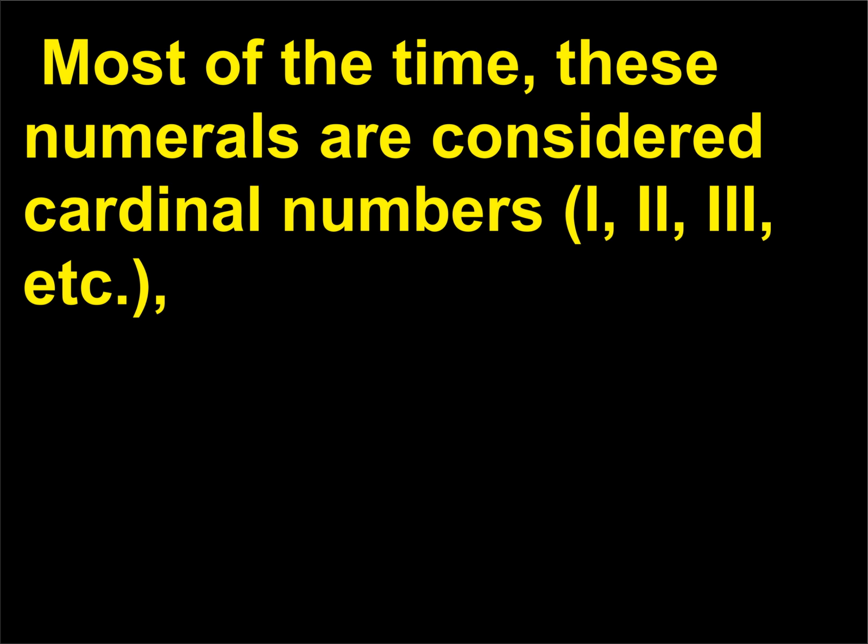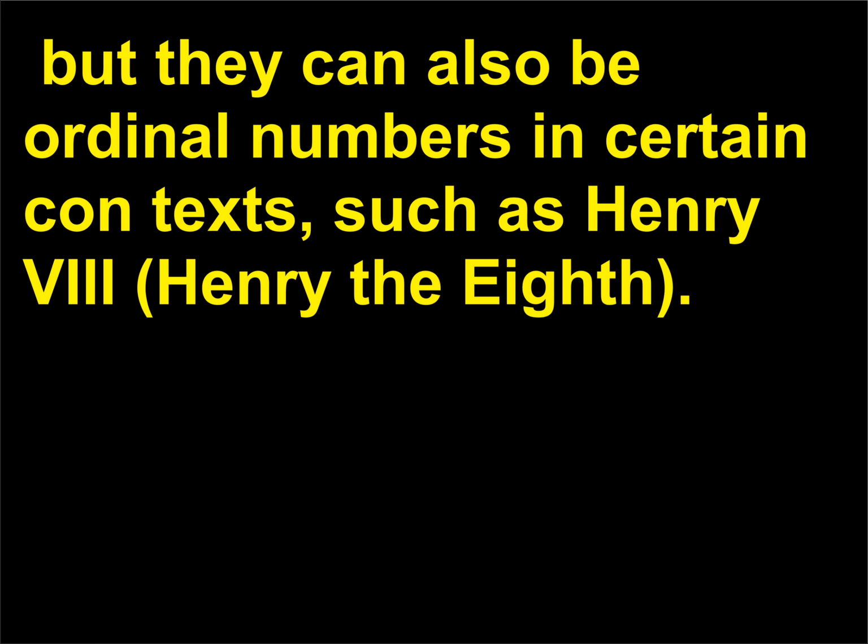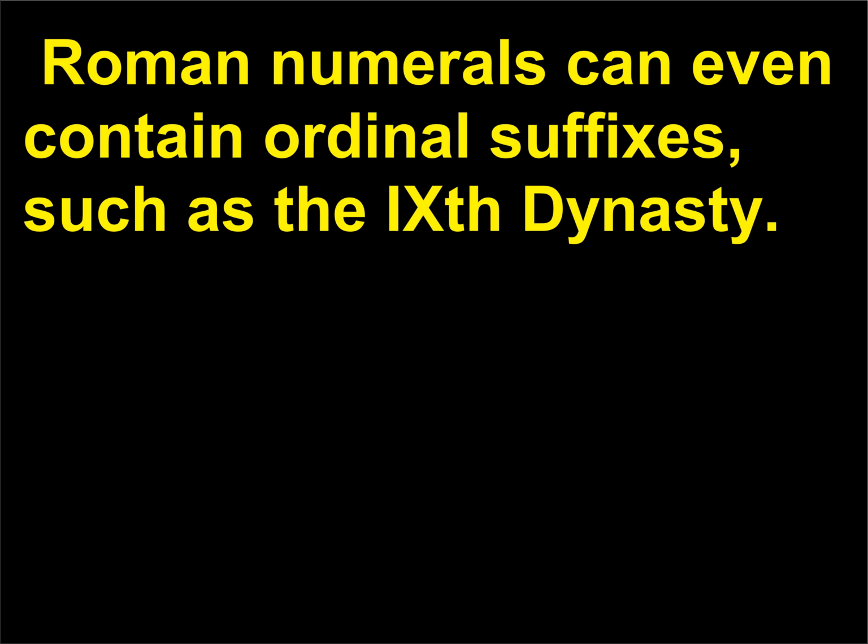Most of the time, these numerals are considered cardinal numbers, I, 2, 3, etc. But they can also be ordinal numbers in certain contexts, such as Henry VIII, read as Henry the Eighth. Roman numerals can even contain ordinal suffixes, such as the IXth dynasty.